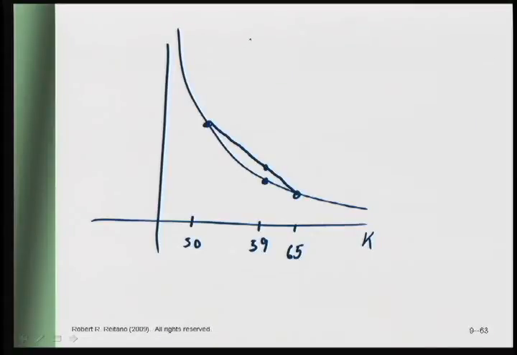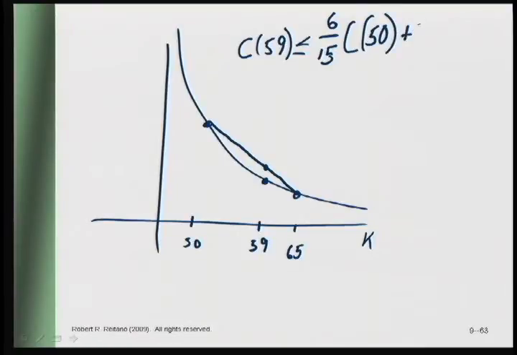It said that the price at 59 should be less than or equal to a weight of 6 over 15 times the price of 50 and a weight of 9 over 15 times the price at 65.